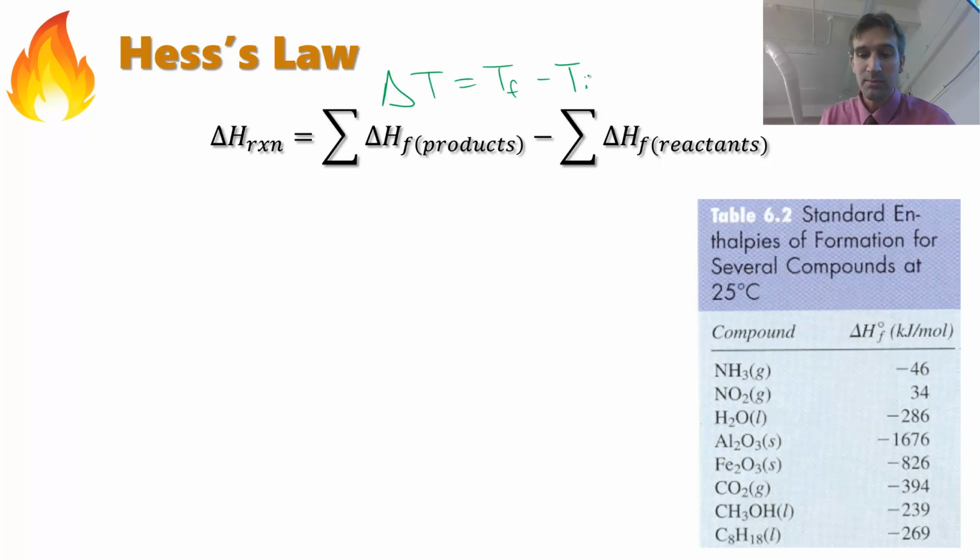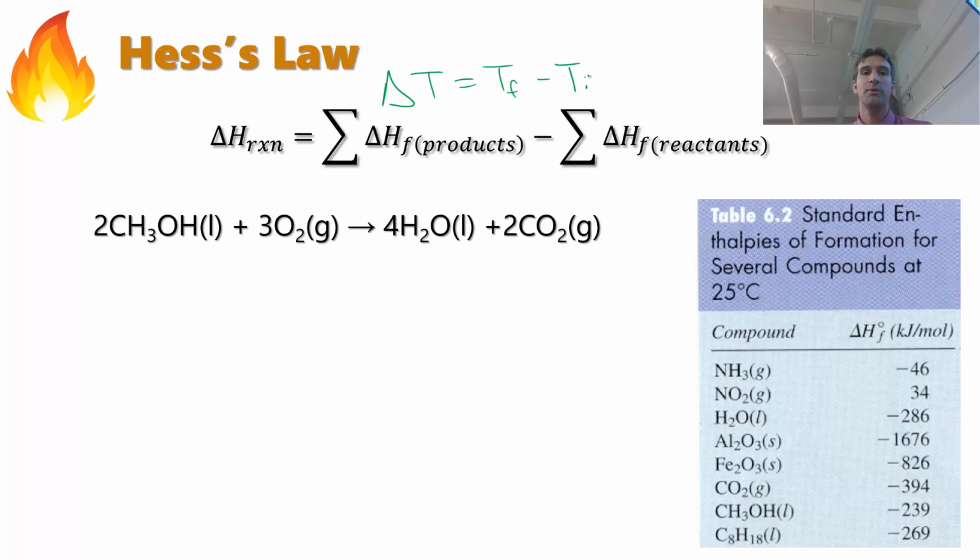So if we look at some of these different values, we're going to see that we can make, let's say, start off here. We're going to make water and carbon dioxide as we burn our CH3OH, our methanol in its liquid state, combining with oxygen.